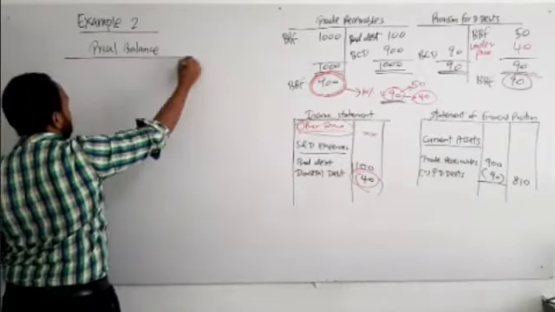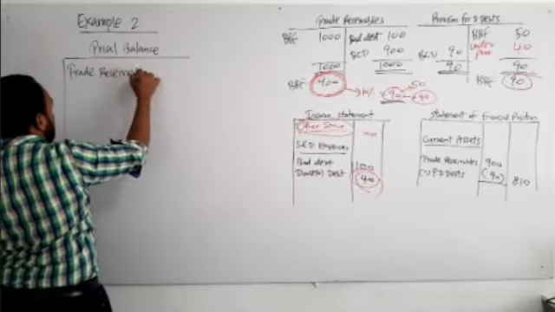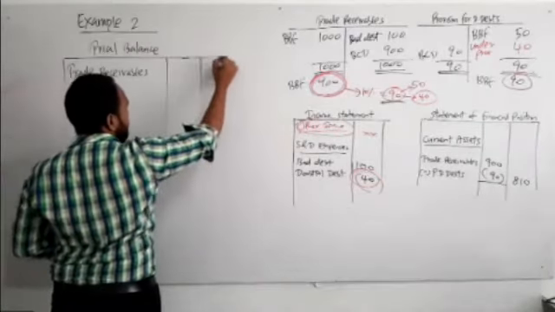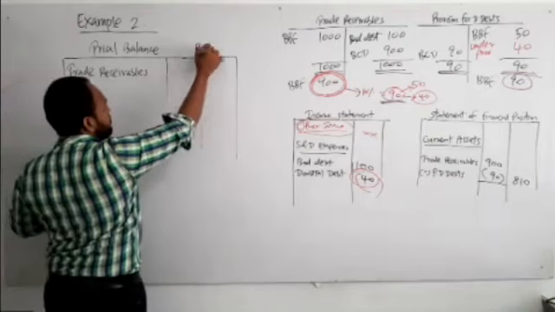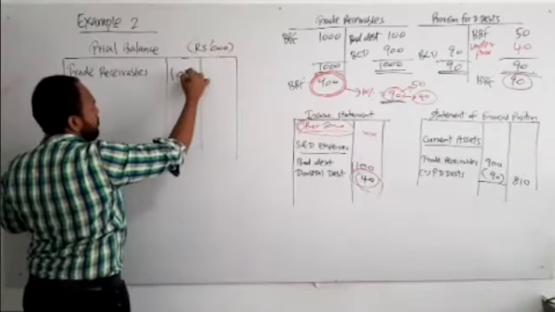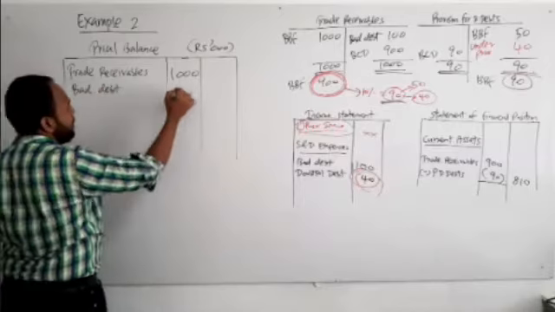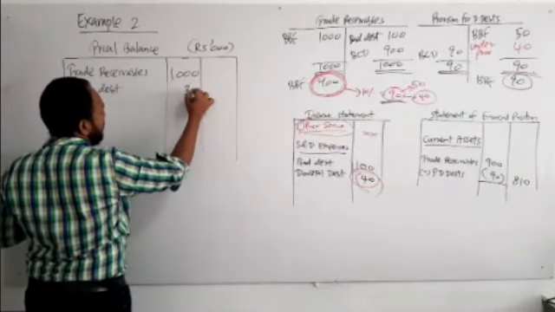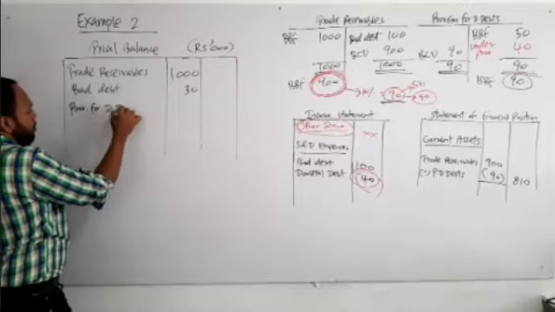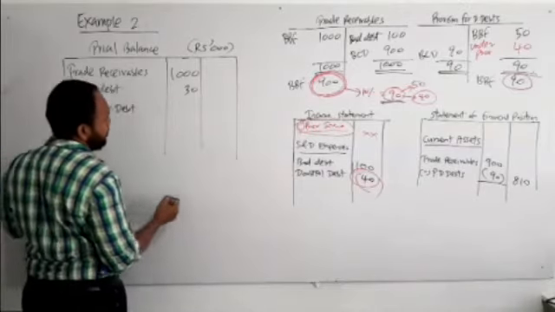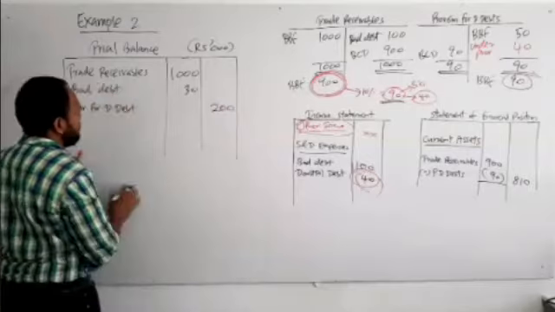We have a trial balance with trade receivables 1 million, bad debt 30,000, provision for doubtful debt 200,000.